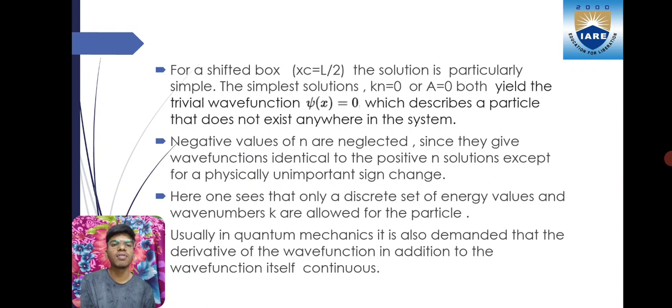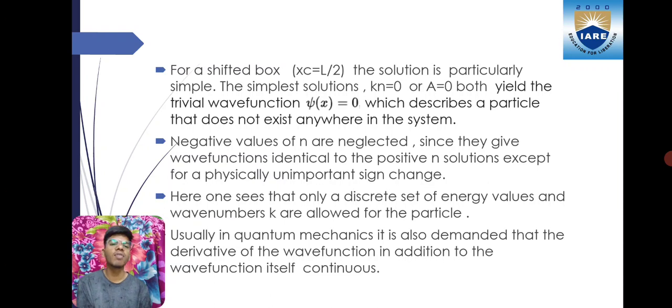Negative values of n are neglected since they give wave functions identical to the positive n solutions except for a physically unimportant sign change. Here one sees that only a discrete set of energy values and wave numbers k are allowed for the particle.